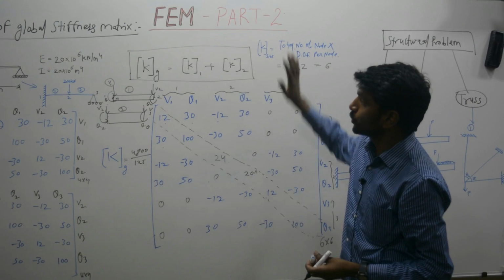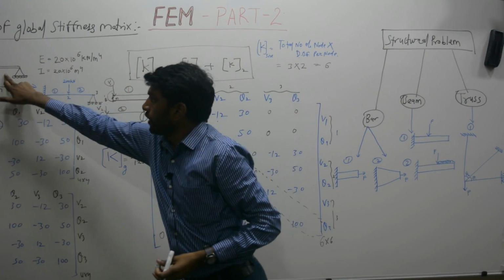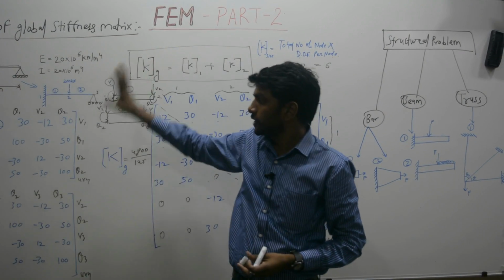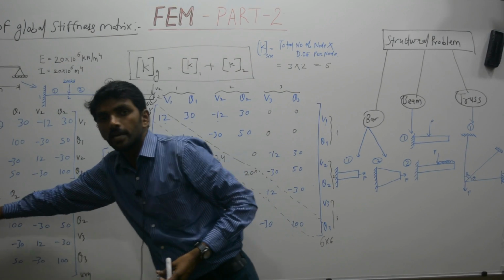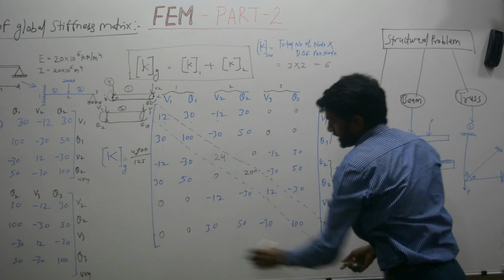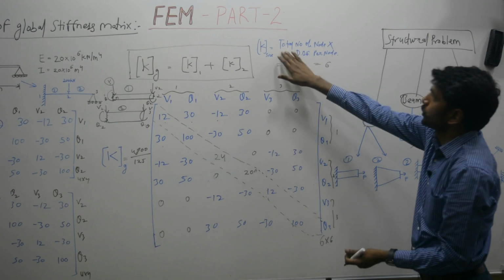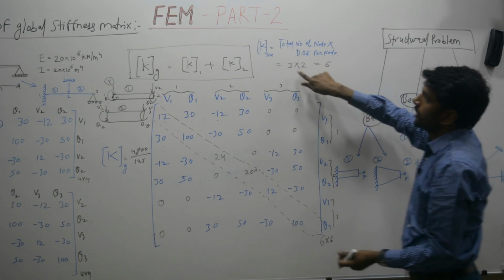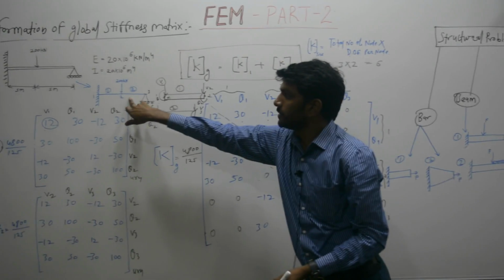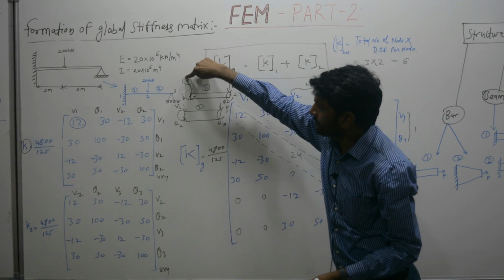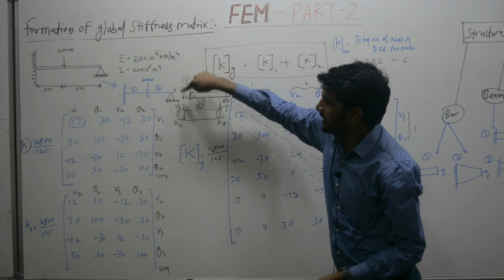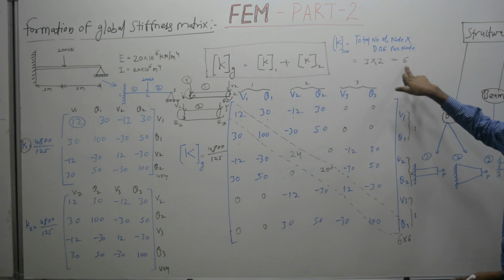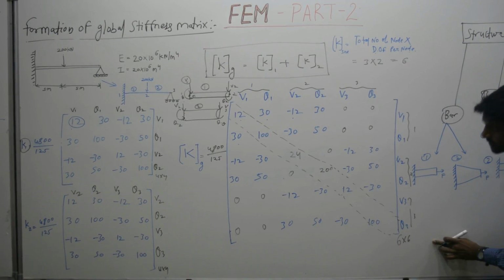This is part 2 in summary. To formulate the global stiffness matrix, you need to calculate K1, K2, then find the size of the stiffness matrix. The formula is total number of nodes times degrees of freedom. Nodes are 3, degrees of freedom are 2 because every node has a displacement or rotation, V1, theta 1. 3 into 2 is equal to 6, so our size is 6 by 6.